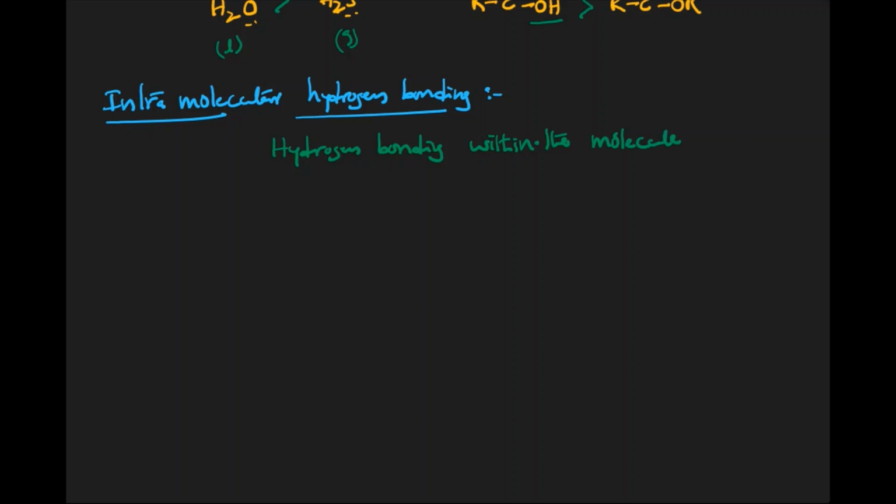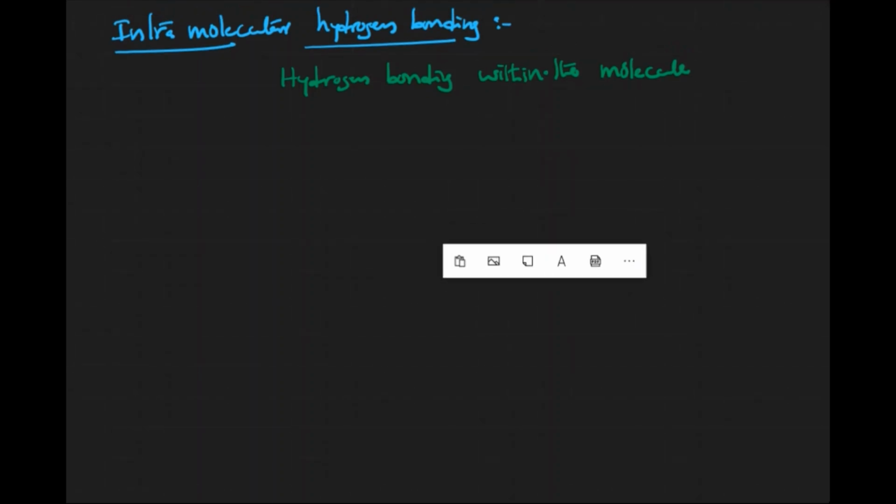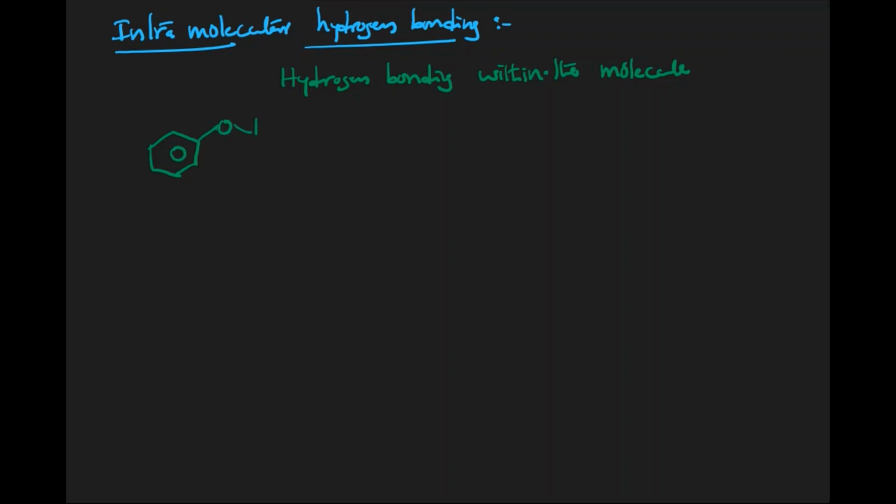Most of the ortho substituted compounds can form intramolecular hydrogen bonding. For example, let us take orthofluorophenol. Let us take orthonitrophenol.